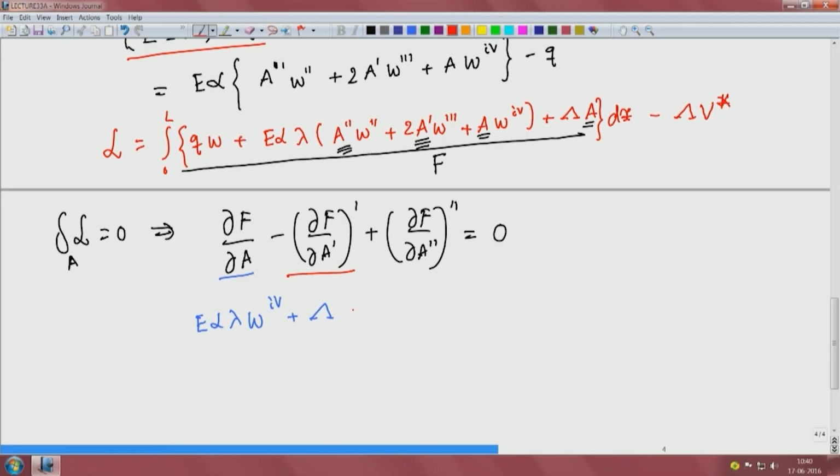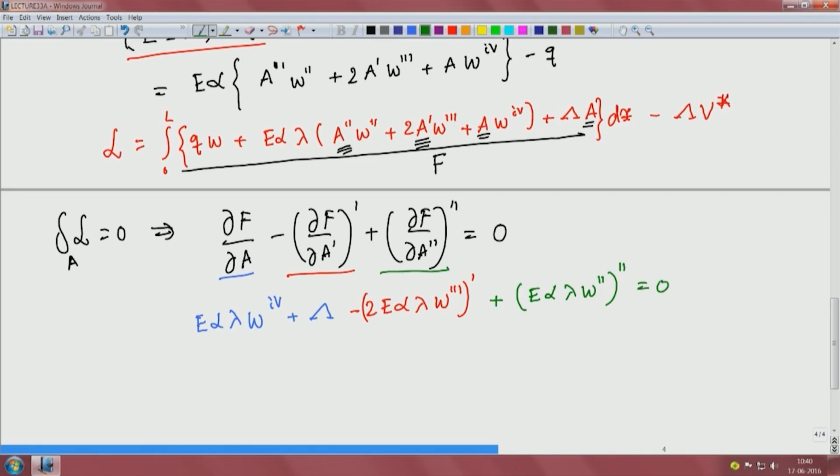Second one, okay, that is minus, A prime, there is E alpha lambda w triple prime, that is dou f by dou A prime, and all of this we should take one derivative. Okay. And then we have this thing which is plus, A double prime, that is E alpha lambda w double prime, and then 2 primes, 2 derivatives of that, equal to 0.